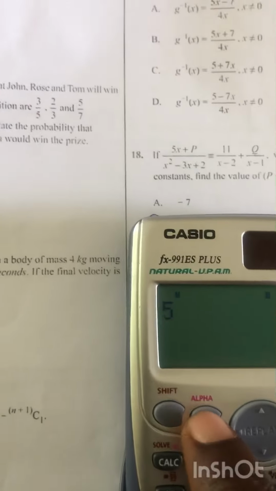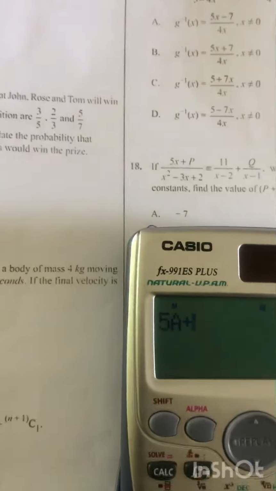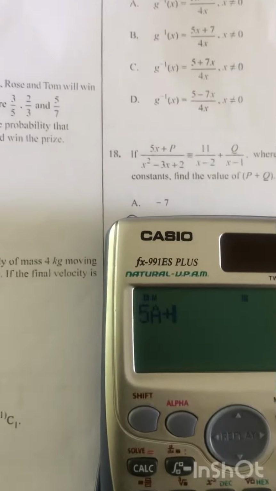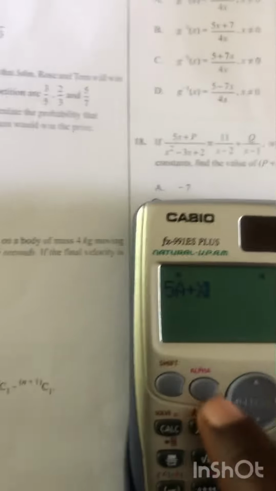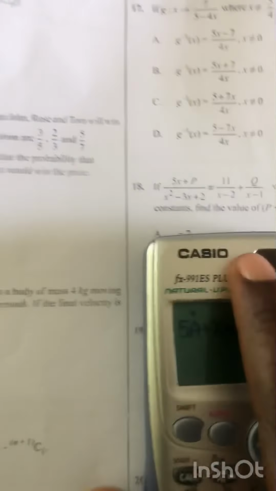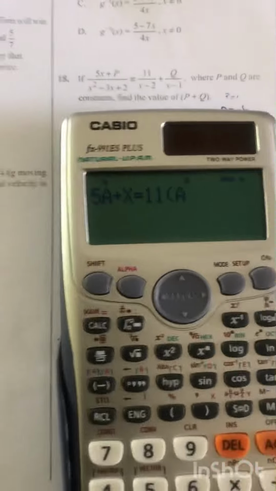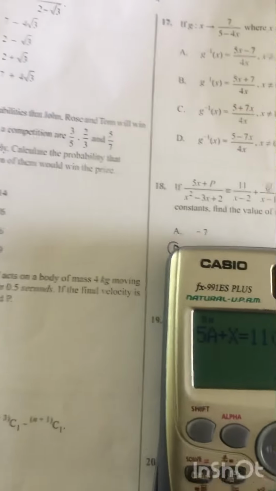5x, let's make x a. I'll tell you the reason why. 5a plus, let's make px because we want to find p first. So let px is equal to 11 multiplying x minus 1. So a minus 1 plus q. Let's make q b.